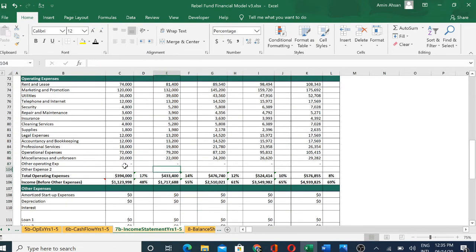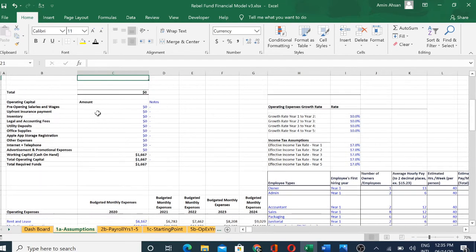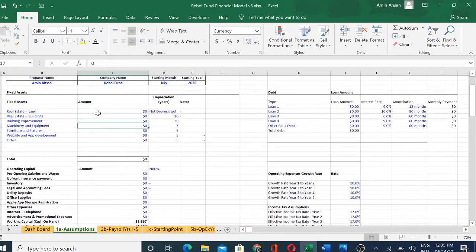So the next part is the amortized startup expenses. You have not told me any amortized expenses, but if you have any, for example, when you start the business, you have some expenses at the very start. These are other than regular expenses.